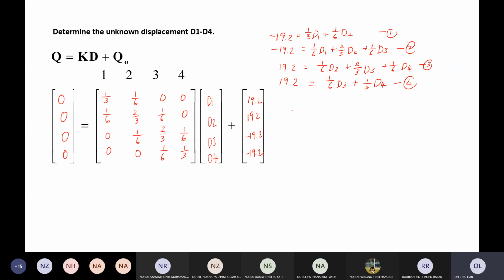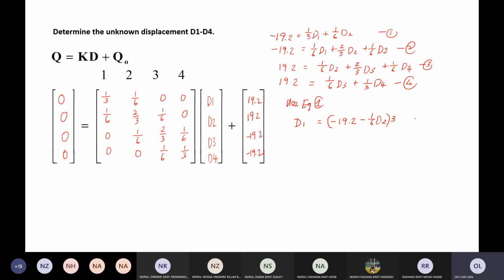So I will use equation 1 here. So it will become D1 equal to negative 19.2 minus 1/6 D2, and then multiplied with 3.